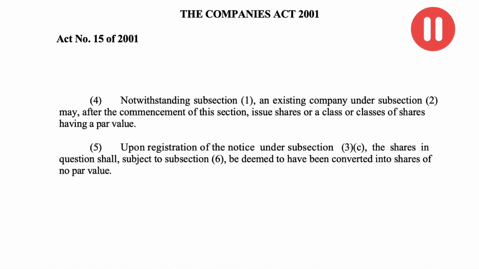Regarding subsection 4, despite what is stated in subsection 1, a company mentioned in subsection 2 can, after this section begins, meaning section 47, issue shares or specific classes of shares with a set par value, meaning par value shares. Next, with subsection 5, after the notice is registered according to subsection 3C, the shares mentioned will, with the exception outlined in subsection 6, be considered converted into shares of no par value.